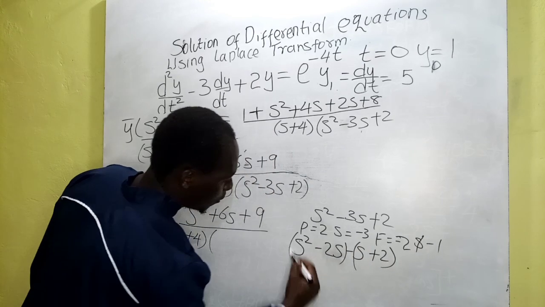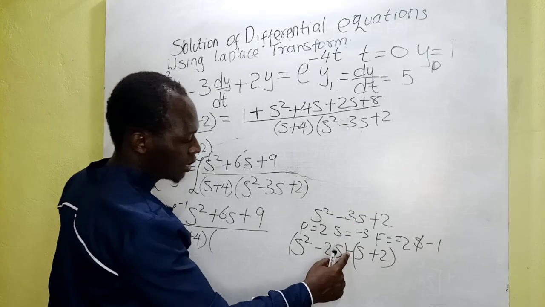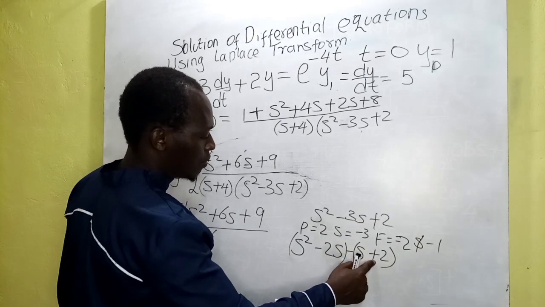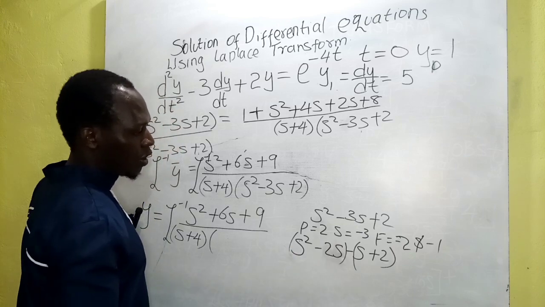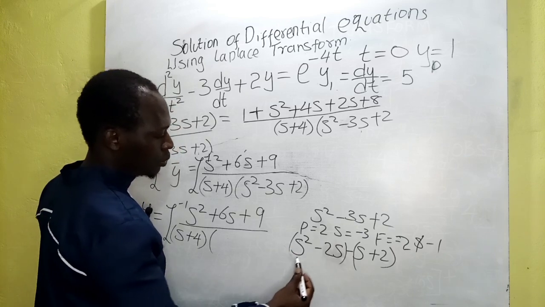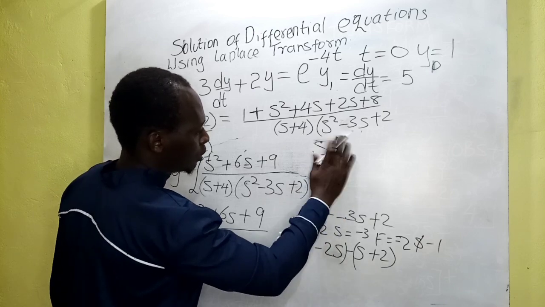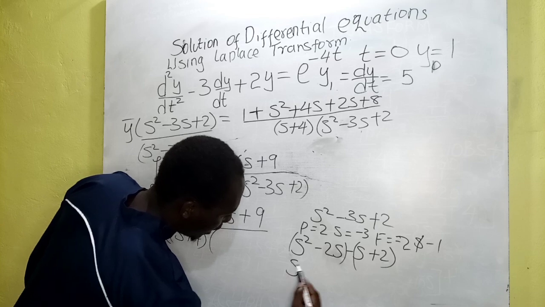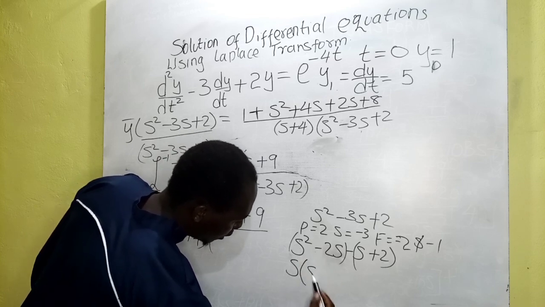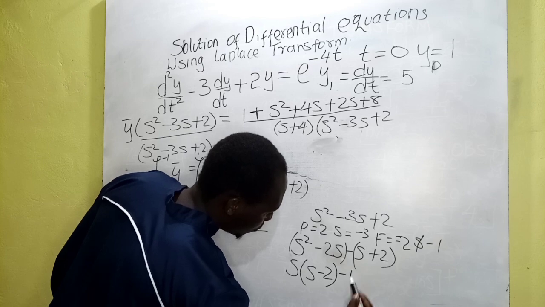We come and factor them. Then our negative here is going to affect whatever we are having within the bracket. We have a common factor on our first bracket, s, to be equal to s into s, we subtract 2, we subtract 1.